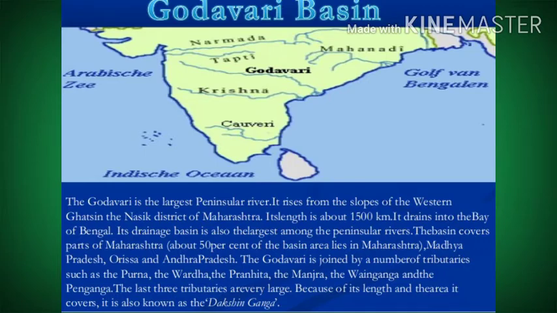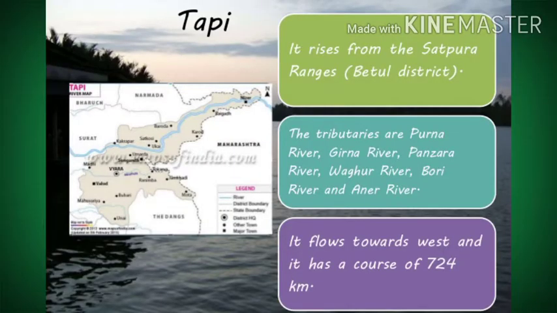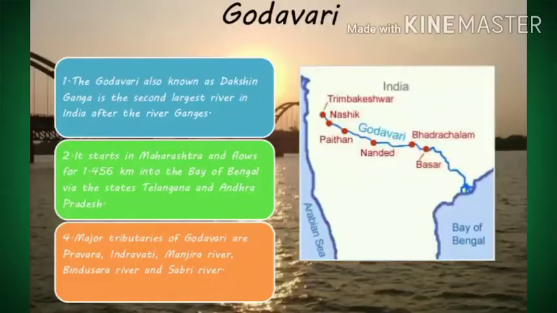The Mahanadi rises in Raipur district of Chhattisgarh and discharges its water in the Bay of Bengal. The Kaveri rises in the Brahmagiri Hills in Karnataka. Its length is 800 km and it drains an area of 81,155 square kilometers.